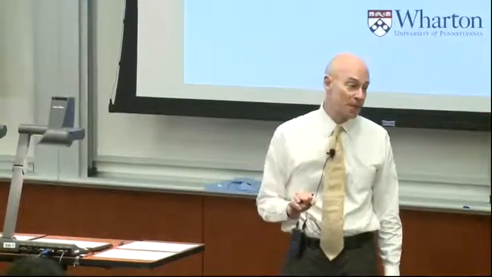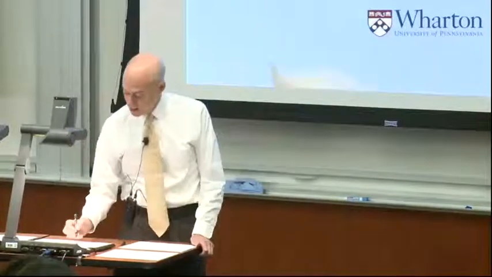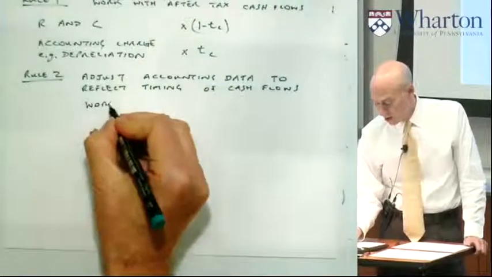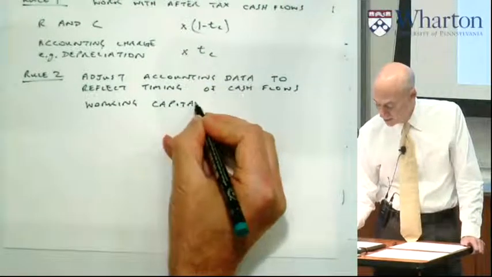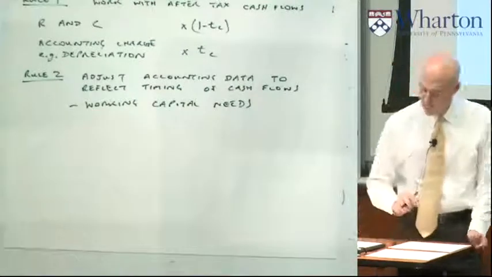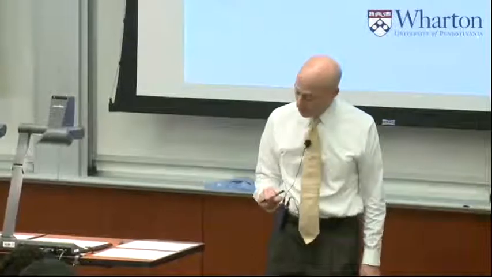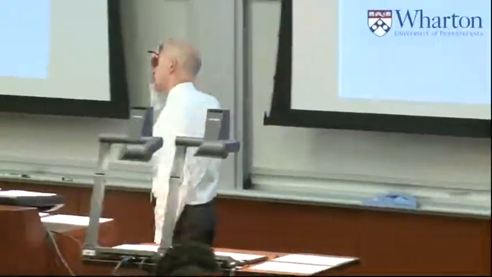The difference between the two is reflected in working capital. So we're going to adjust for the timing with working capital needs. And we'll see how that works. It doesn't just adjust for the timing, it also adjusts for things like inventories, because inventories are included in current assets, so they're included in working capital.